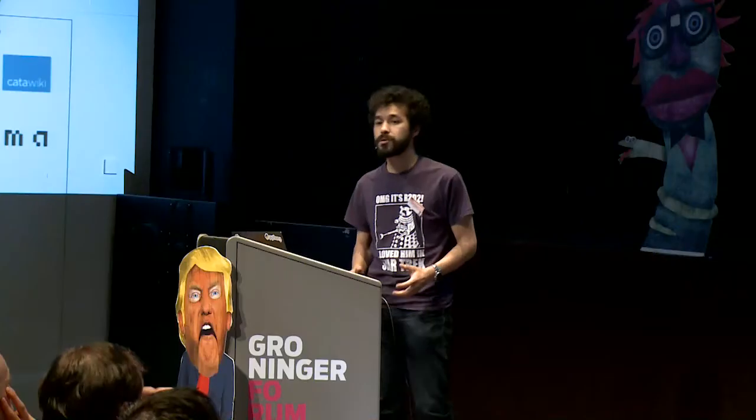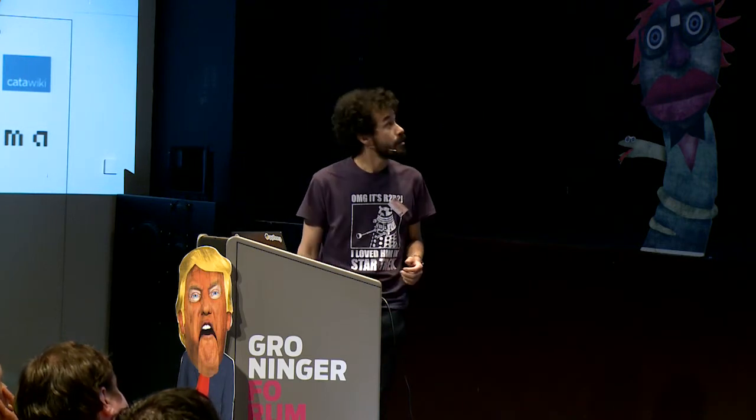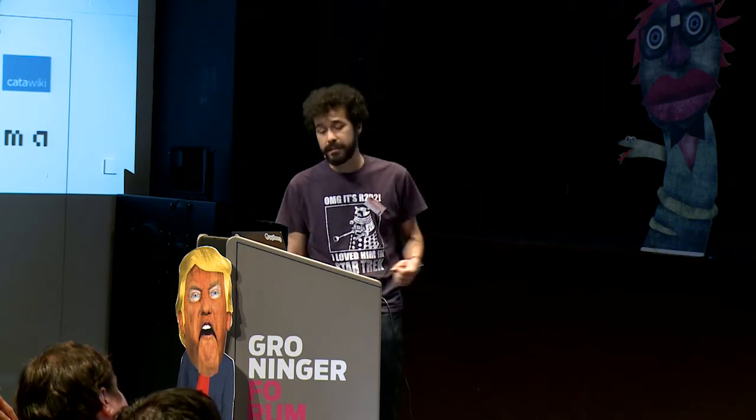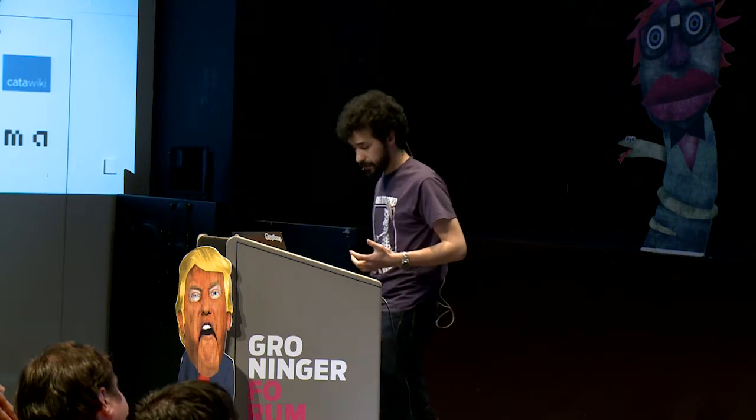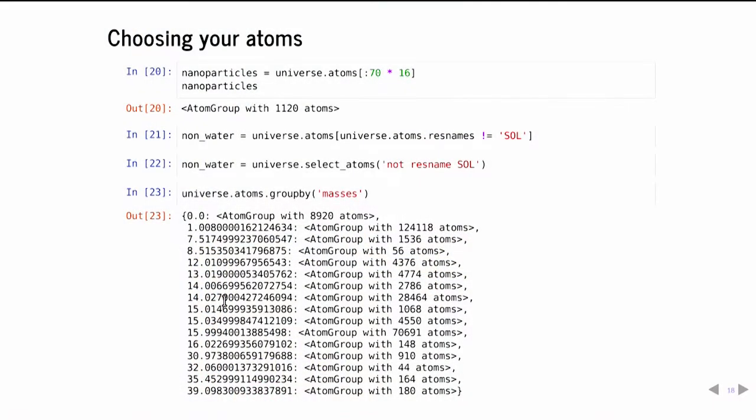You really want to work on all the atoms of your simulations at the same time, but you can also select some. And here we try to stick as much as possible to what is done in the Python scientific stack, so you can access your atoms the same way as you would access data in a NumPy array.